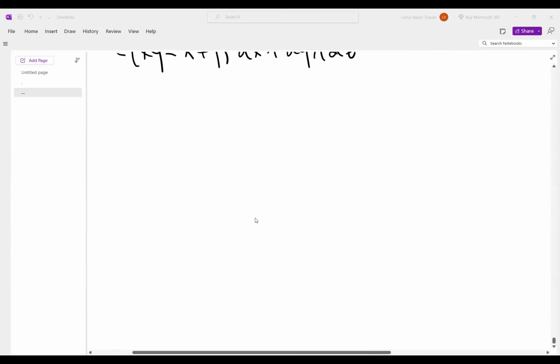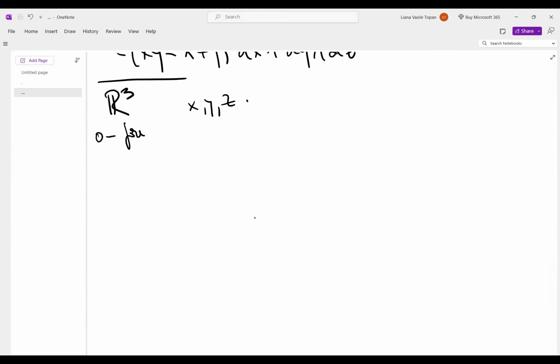Very well. So again, just to make sure that we keep going, suppose we are on R3 and the coordinates are x, y, and z. What are the 0 forms on R3? Well, these are the smooth functions, remember? So smooth functions defined on R cube.